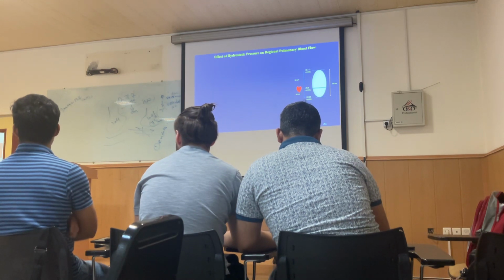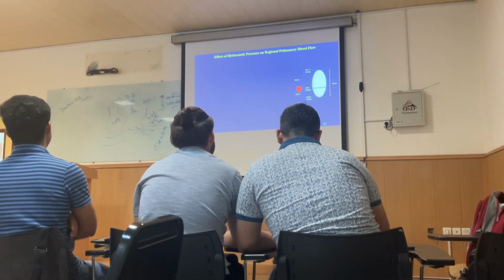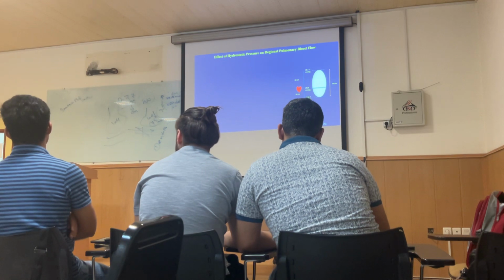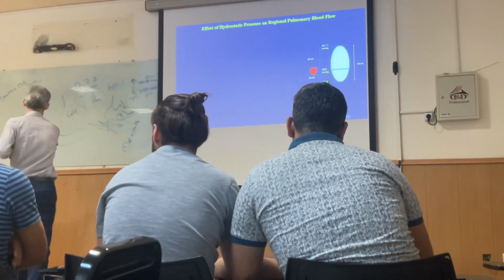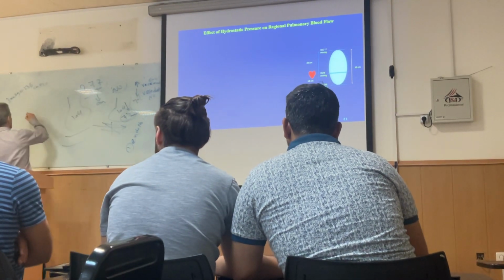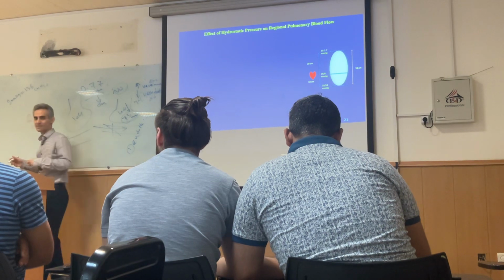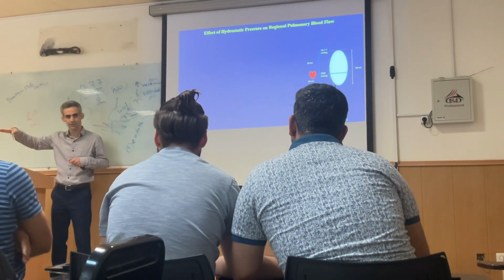20 centimeters. Each centimeter decreases 0.77. So here this distance is 20 centimeters. So 20 multiplied by 0.77 is about 15. 20 centimeters is the distance between the top and the level of the heart.